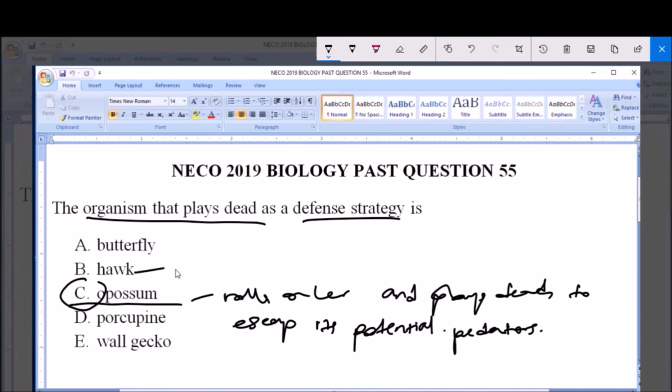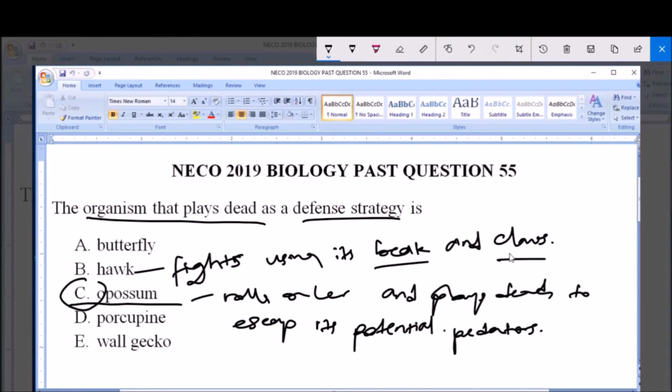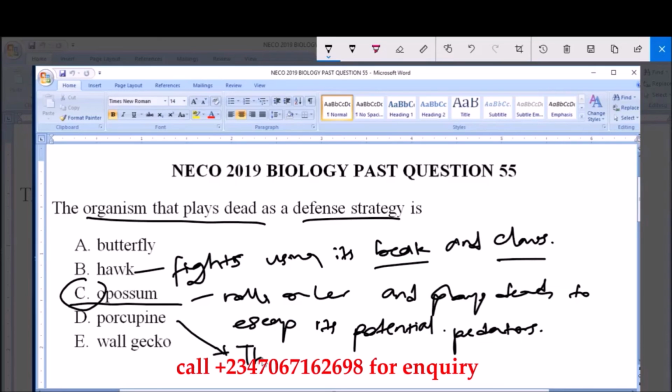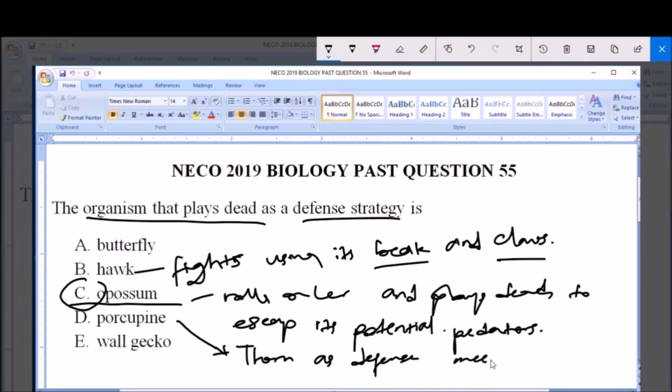But the hawk actually fights back. It falls down on its back and fights back using its beak and claws. This is the defense strategy of the hawk. The porcupine uses its thorns as a defense mechanism. And the wild gecko detaches parts of its body, most especially its tail, and by doing that, it deceives the predator.